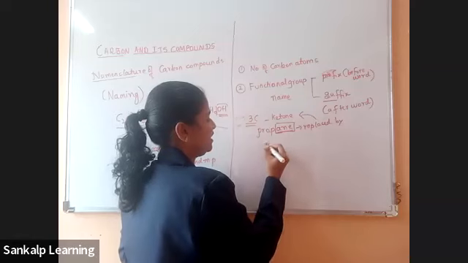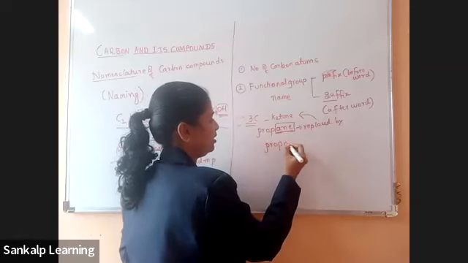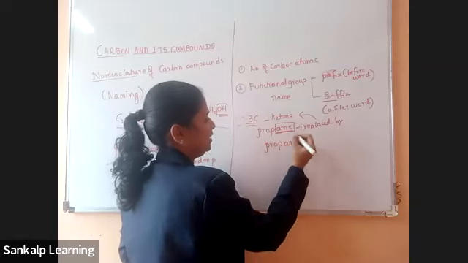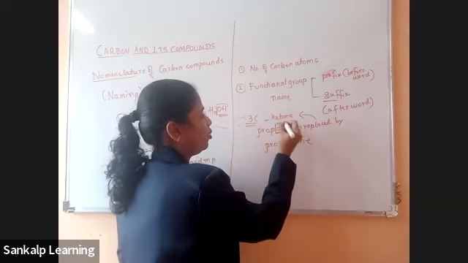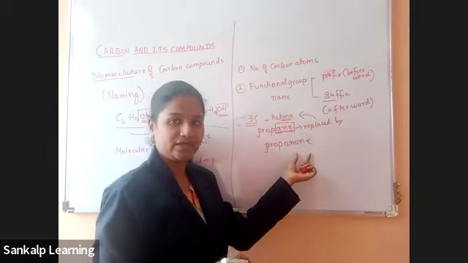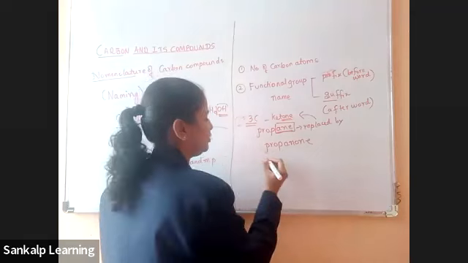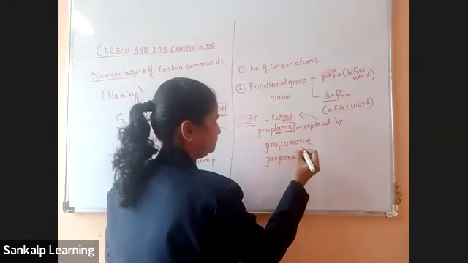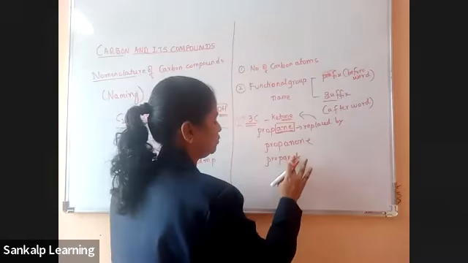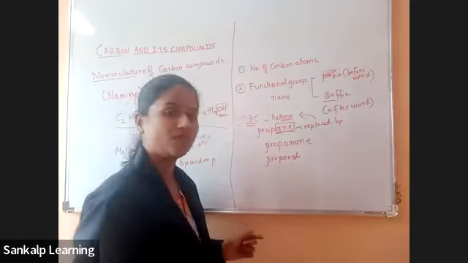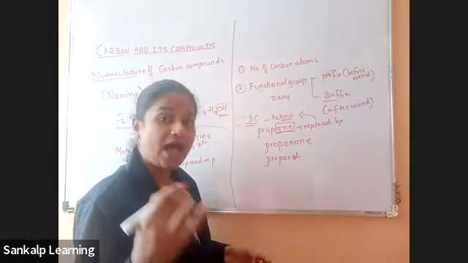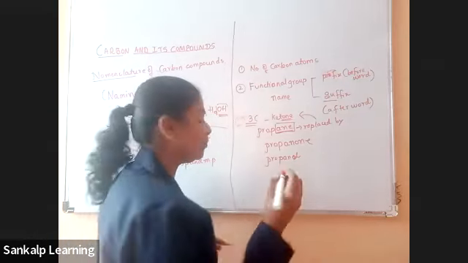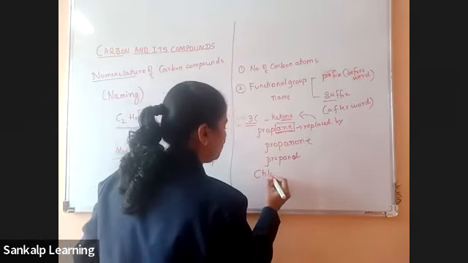So here we can write propanone; one is the suffix for it. If it is an alcohol, propanol, with the suffix ol. If it is a halogen like chlorine or bromine, it will be chloropropane.